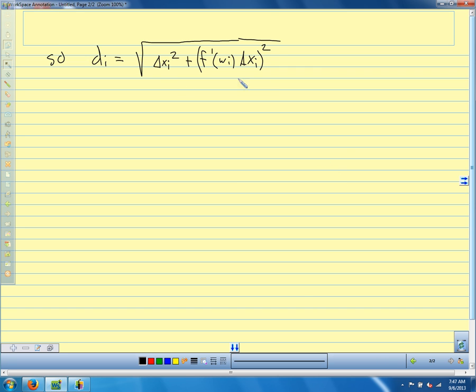I'm going to factor out these delta x sub i squareds and then take the square root. So d sub i equals the square root of 1 plus f prime at w sub i, some point in that interval, squared, times delta x sub i.